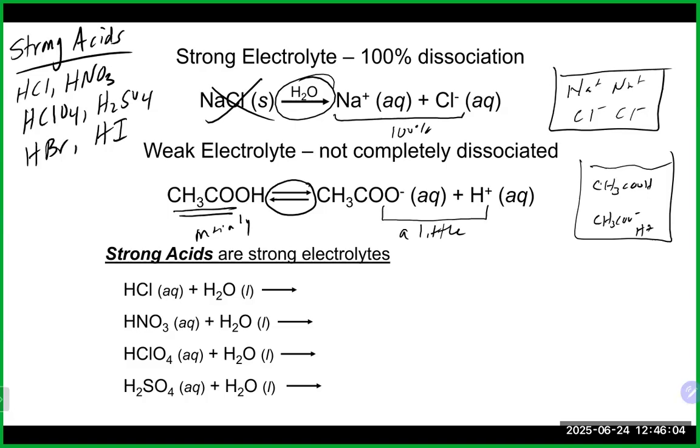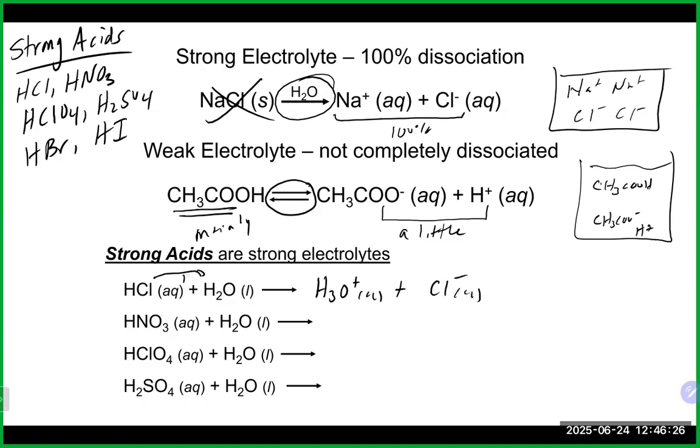Now, most weak acids are weak electrolytes. So, those are things like HF, acetic acid. Because of that, the strong acids will 100% break apart here into the ions. So you'll get H3O plus and Cl minus.